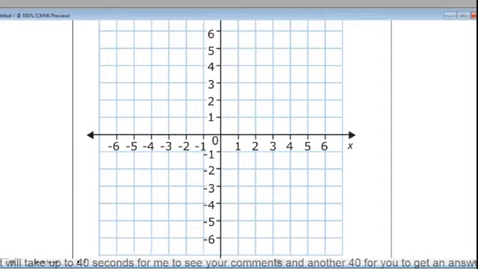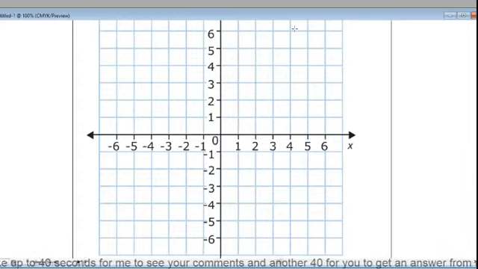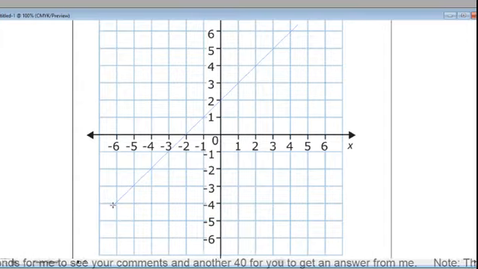So let's say we have two functions graphed on this grid. I'll put one function here and another function.